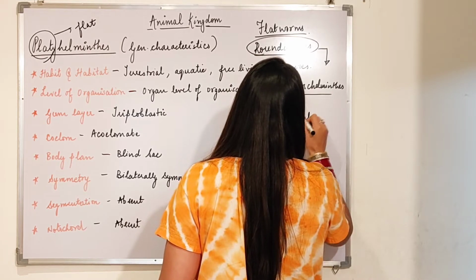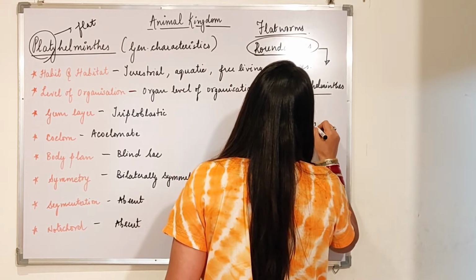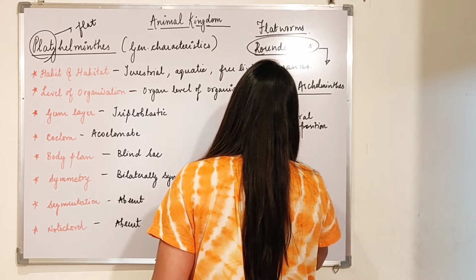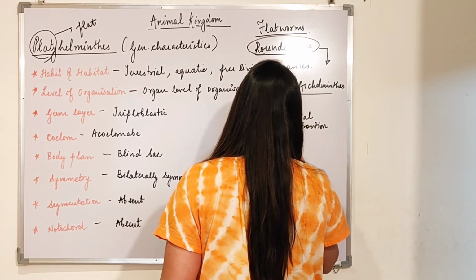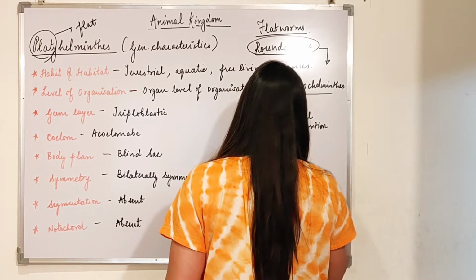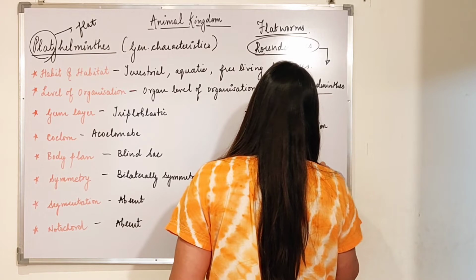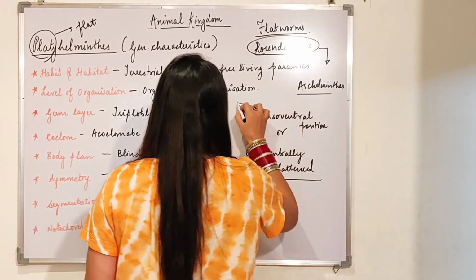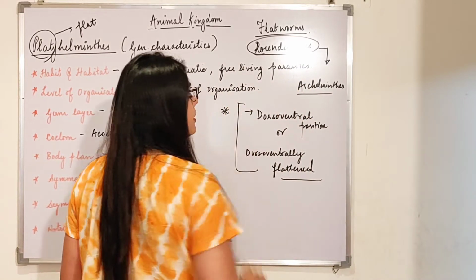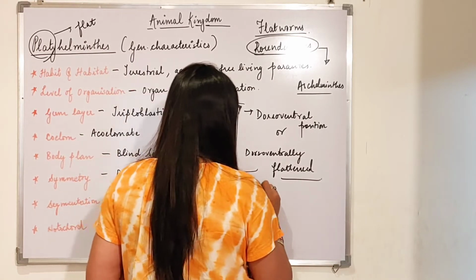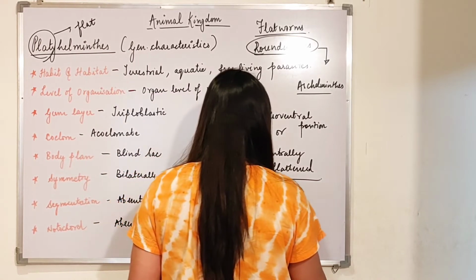Or you can also say they are dorsoventrally flattened. Okay, and this is one important point here, beta. They are dorsoventrally flattened, but they are not anterior-posteriorly flattened.